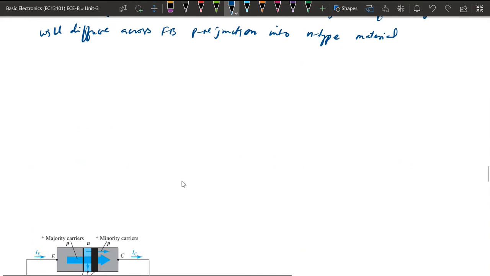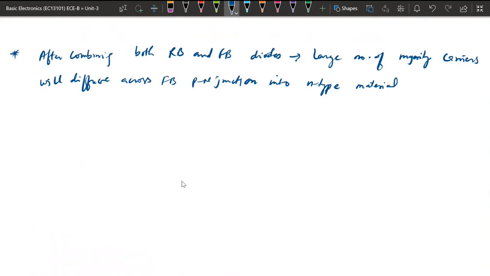So we are basically moving the majority charge carriers, and in the N region it is behaving like a minority charge carrier. So this process is called minority carrier injection. Here a large number of majority charge carriers will diffuse across the forward bias p-n junction into n-type material, where they move as minority charge carriers.